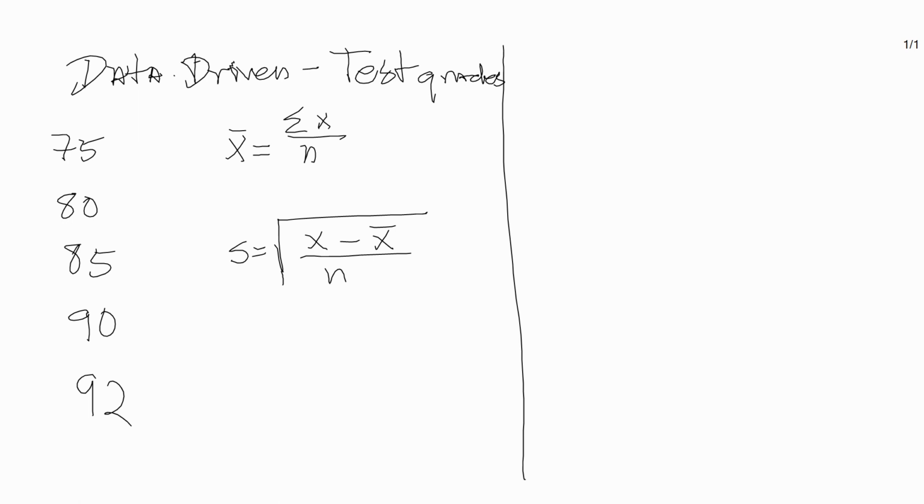Now, what's the other one? The other one is frequency distribution. And that's what y'all are doing with the socioeconomic data. I'll just say salaries.